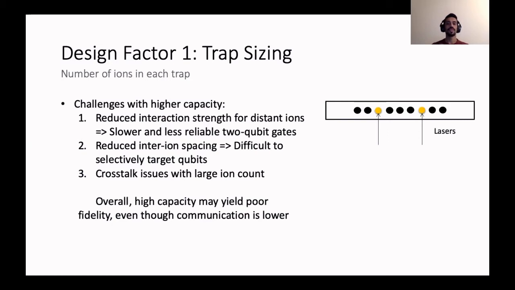And when we have a large number of ions in the same trap, this reduces the spacing between the ions, which makes it difficult to selectively target qubits using lasers. And there are also some crosstalk issues at large ion count. So overall, if we have high capacity, it is beneficial because it reduces communication, but it also has these different drawbacks.